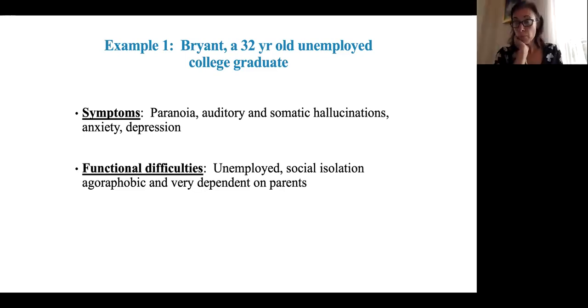So the voices are a problem, but what he's even more struggling with is paranoid thinking, that this neighbor really has it in for him. And he's unemployed at this point, actually probably became somewhat paranoid and delusional at his last job, which was kind of an office-based job.